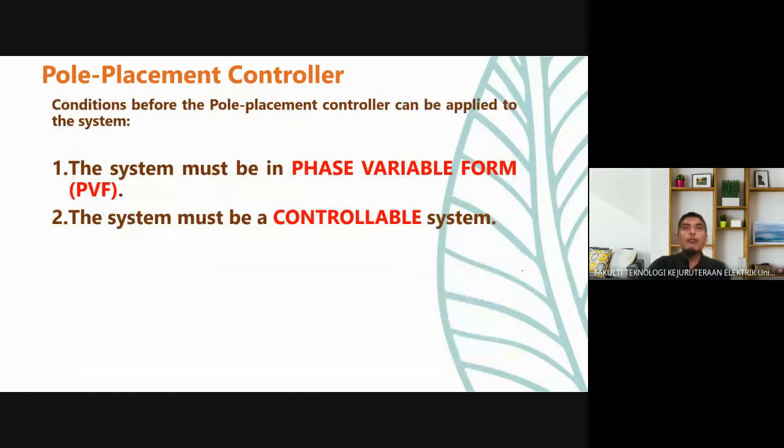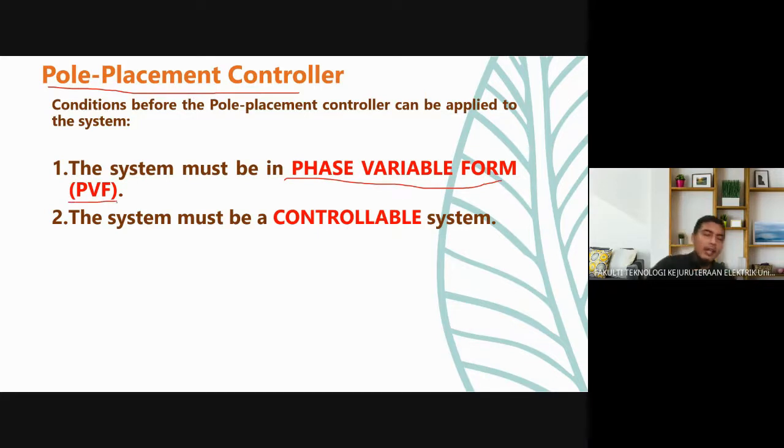Okay. So now we want to implement the pole placement controller. Before you implement it, you must make sure these conditions are fulfilled. Must fulfill, not one of them, not none of them. You must make sure these 2 conditions apply. Firstly, the system must be in phase variable form, state space.